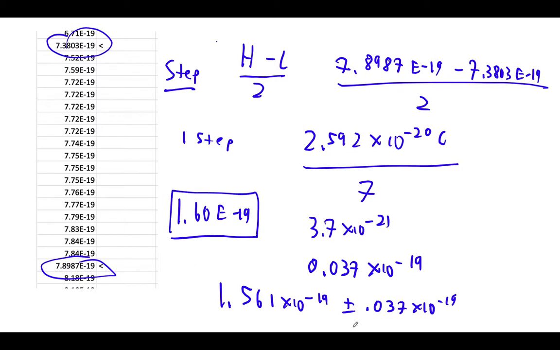That's the elementary charge, right? You see that if I add this to this, I'm going to get something very close to that, okay? And, you know, it's okay if we don't, right? I mean, it's a simulation, and I've never seen anybody come in over 1.60, so I feel like the simulation just tends to err on the low side, and that's fine. But anyway, that's how you do the uncertainty.